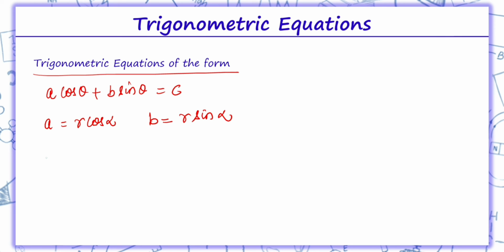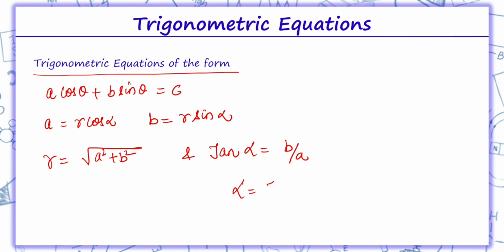Thus r equals the square root of a square plus b square. And to find the angle, tan alpha equals b by a, so alpha equals tan inverse of b by a. Using this concept, now we will be solving the question.